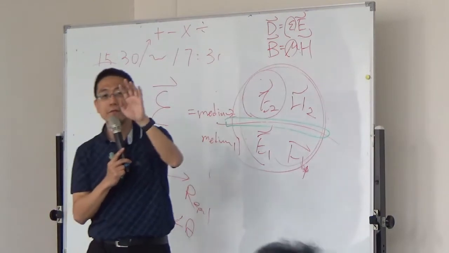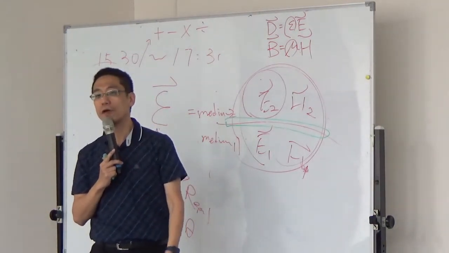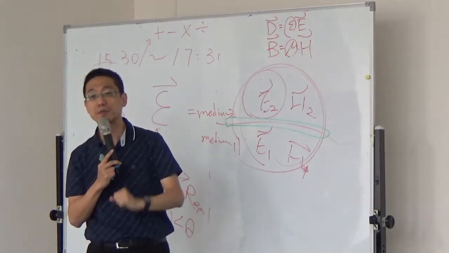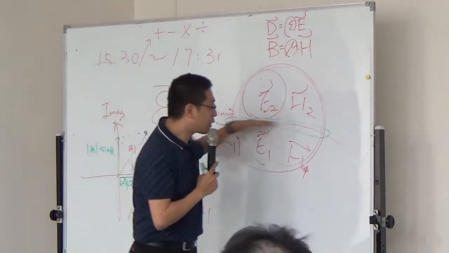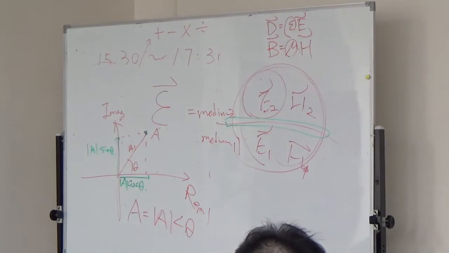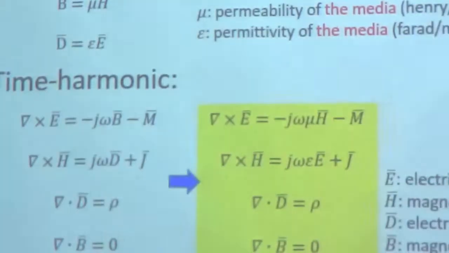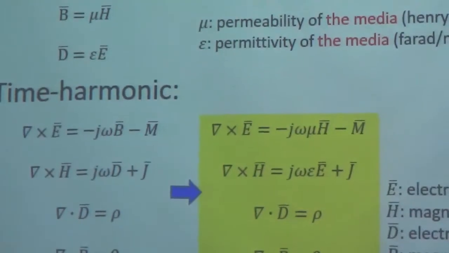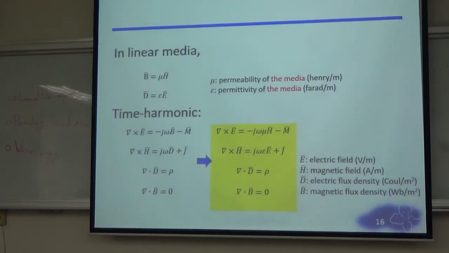The Maxwell equations must be true everywhere. So what can happen here? Let's see the result of the boundary conditions. We already discussed this, right?